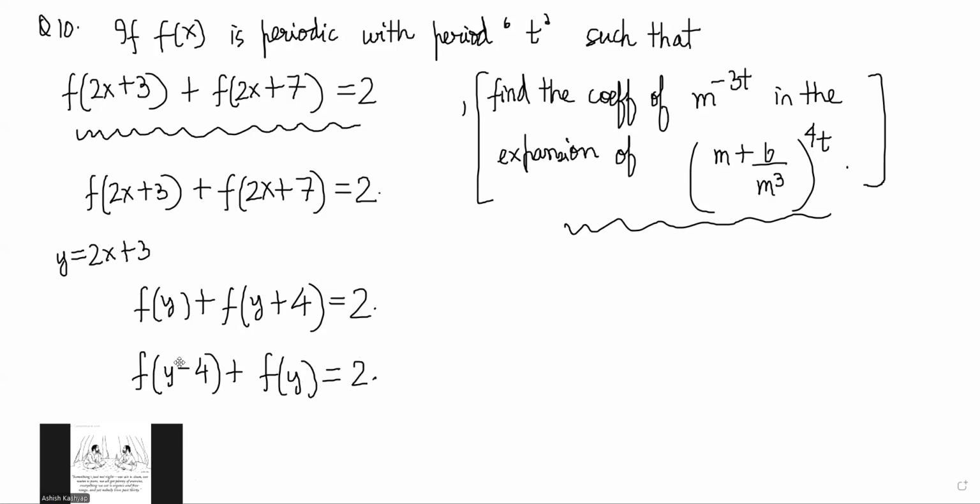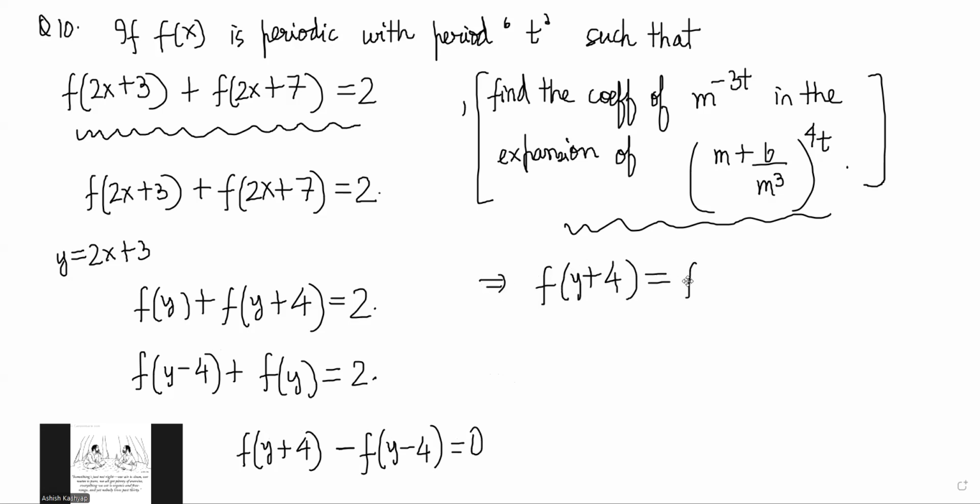And now what I will do is I will subtract these relations. If I subtract these relations, I'm getting f of y plus 4 minus f of y minus 4 is 0. So I'm getting f of y plus 4 is equal to f of y minus 4, right?